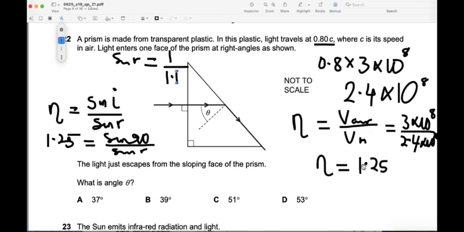It's not 1.125, this value is 1.25. 1 divided by 1.25 is 0.8.